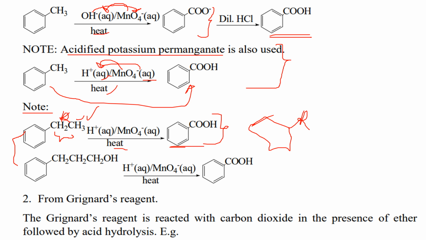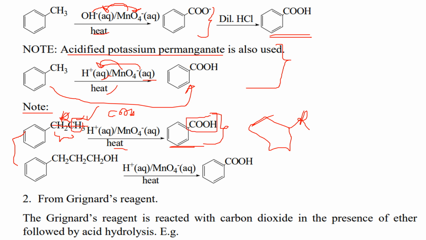The common mistake that most of you make is saying that you are only replacing 1 carbon atom with the carboxyl group, which is very wrong. What this reaction does is that it eliminates every carbon atom which is present on that compound that is attached to the benzene ring, and then it adds our functional group, which is the carboxyl group.